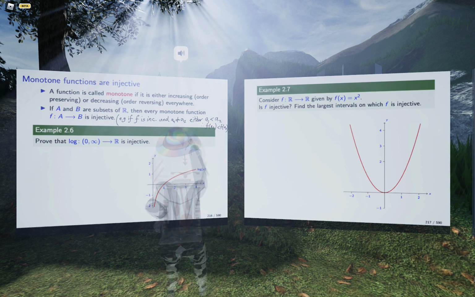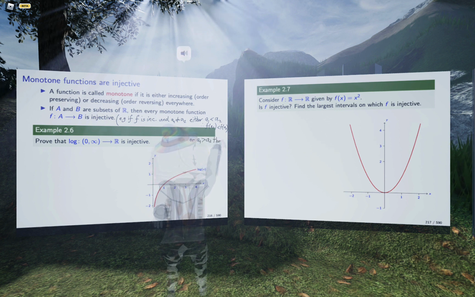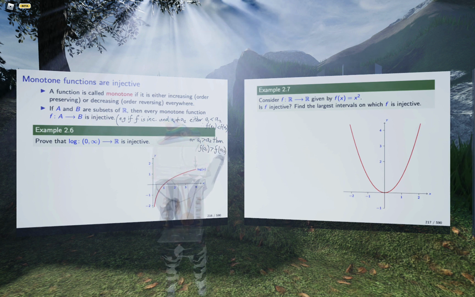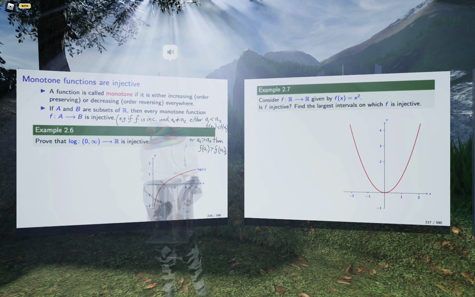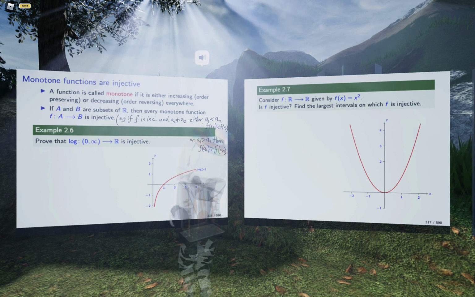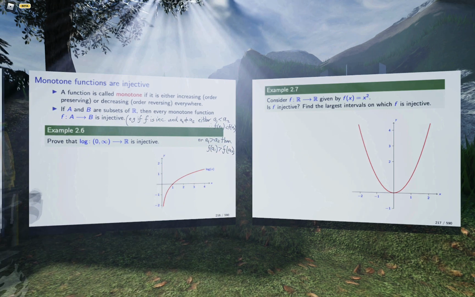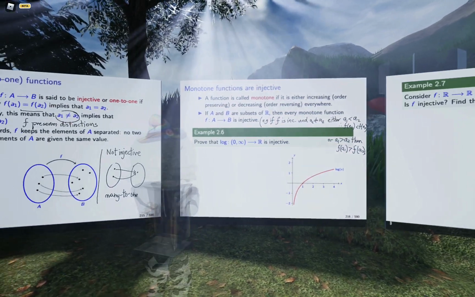Because it's increasing, or a1 is greater than a2, and then f of a1 is greater than f of a2. And in either case, f of a1 is not equal to f of a2. And the same argument works if f is decreasing. Okay?